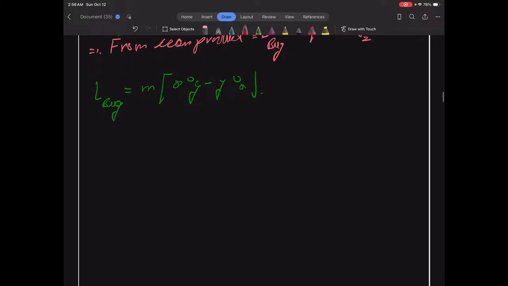We already know that our x coordinate is equal to R cos of phi minus 1, and our y coordinate is R sin of phi.